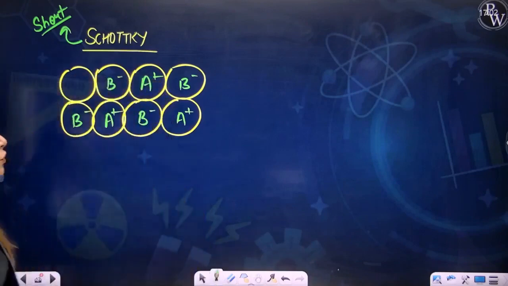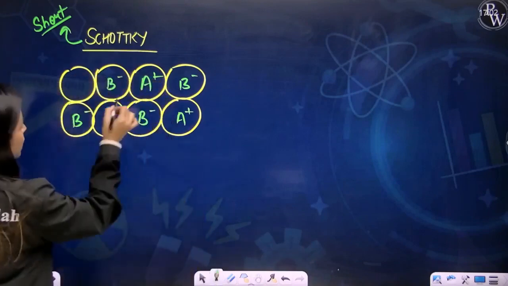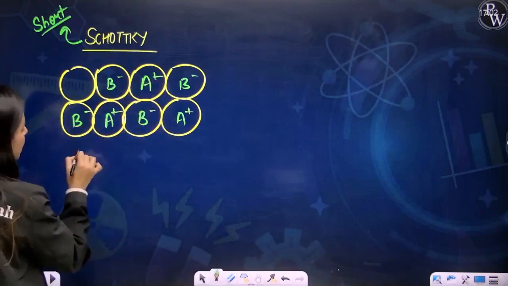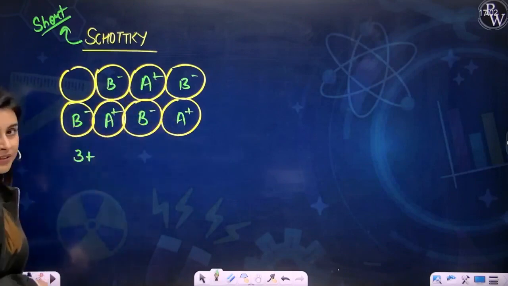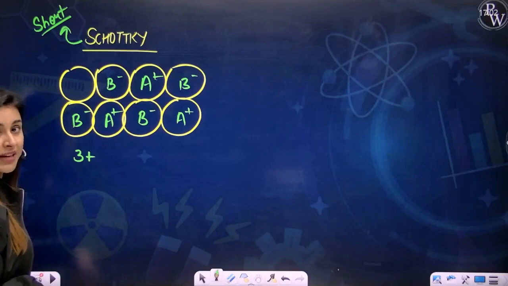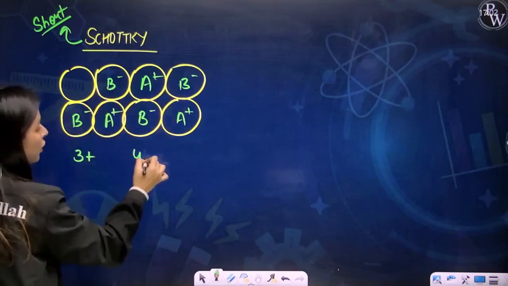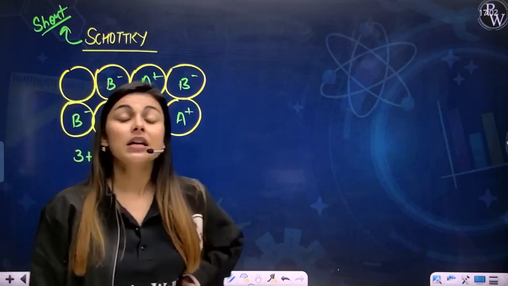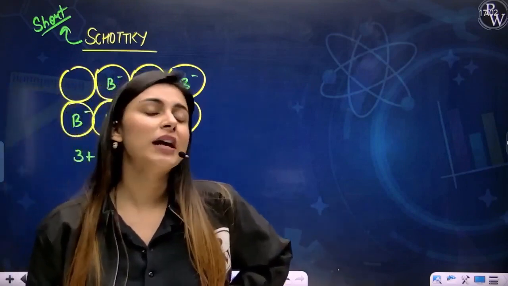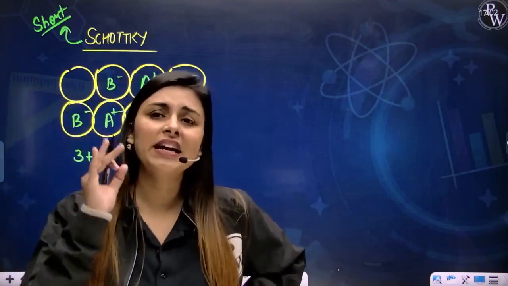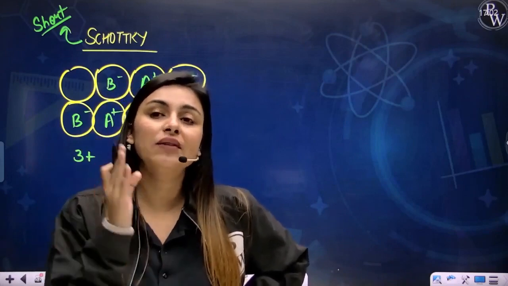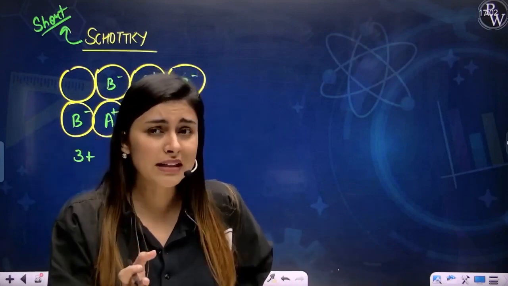Now, if you see the total positive charge here, you will say 1, 2, 3. Ma'am, total 3 positive charges present. Can I ask you how much of the negative charge is present? You say 1, 2, 3, 4. Ma'am, 4 negative charges present here. Now, my dear students, I told you that be it anything, every time your electrical neutrality will be maintained. Right? Yes.